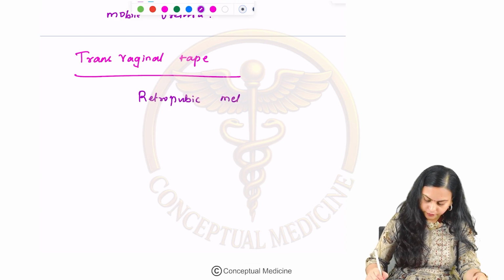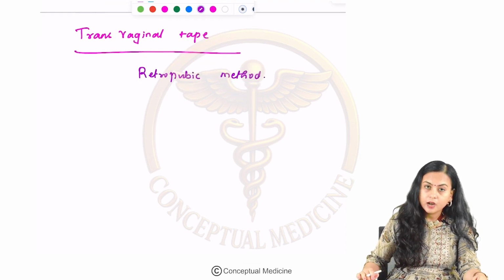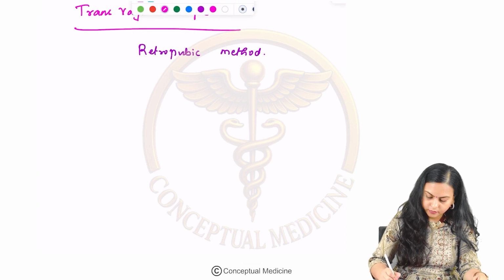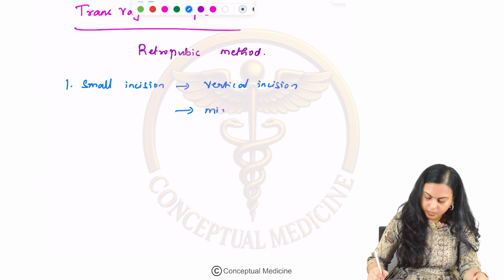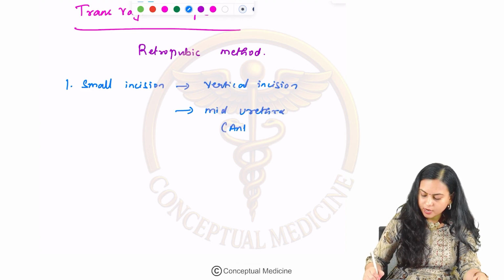Now this method is a retropubic method. Here a small incision is usually made, a vertical incision on the mid urethra, that is on its anterior vaginal wall.